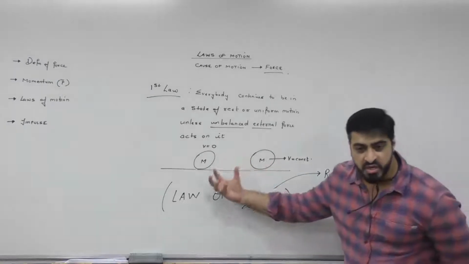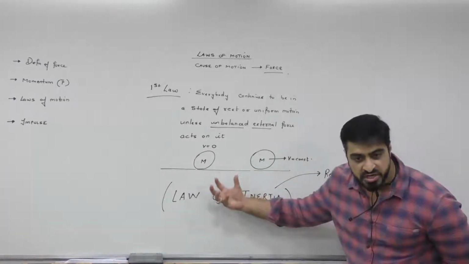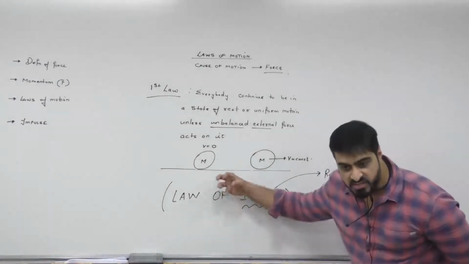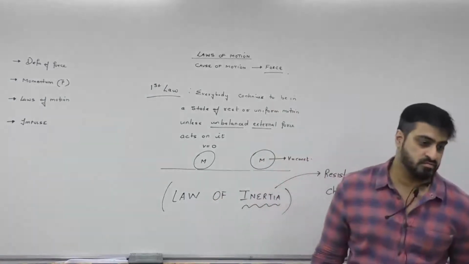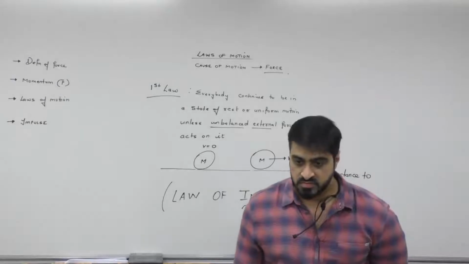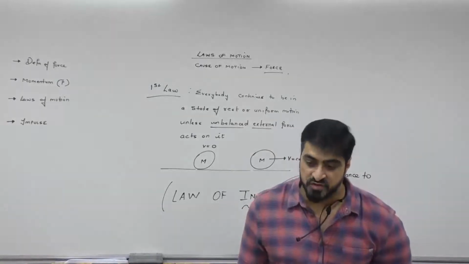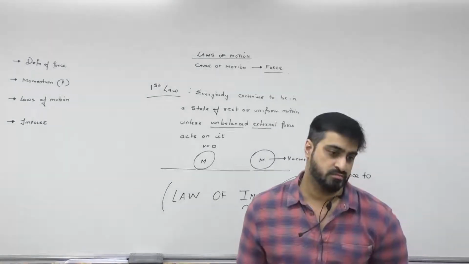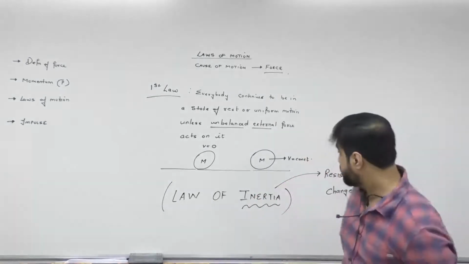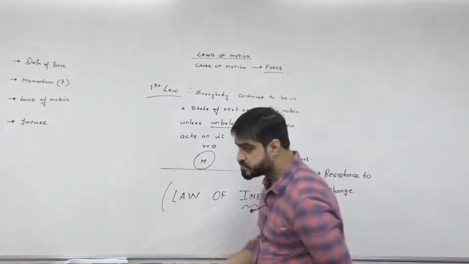So he is showing inertia of motion in the form of mass. You show inertia in some other form. There are many forms of inertia which a body shows while going in motion. That's the first law. Did you understand?